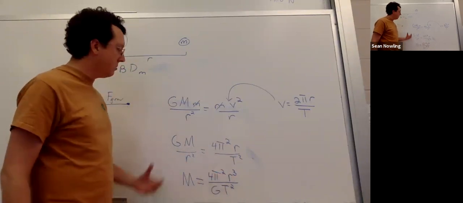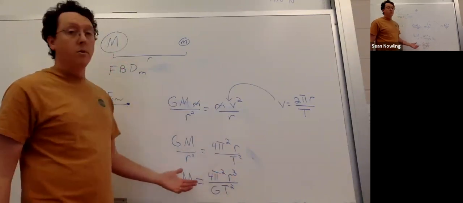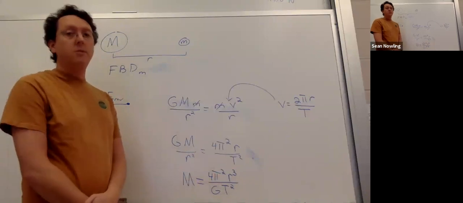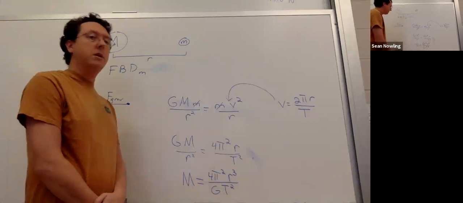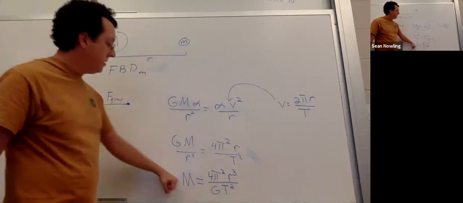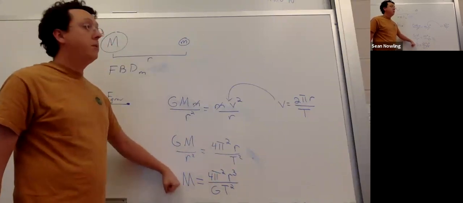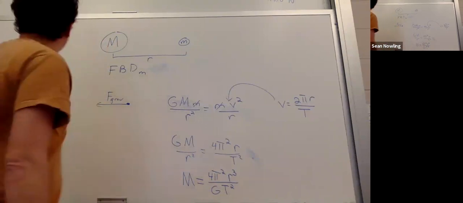So this is how, at least for circular orbits, you can confirm Newton's law of universal gravitation, it's just the arithmetic is more complicated. Okay, this is our main equation. I want to use this equation to calculate the mass of the sun.